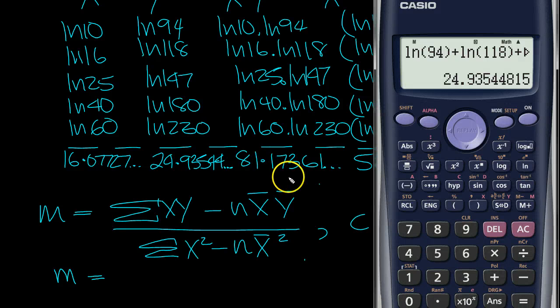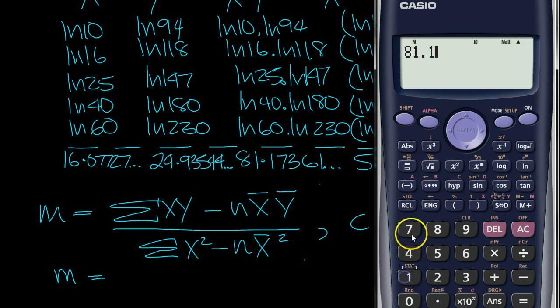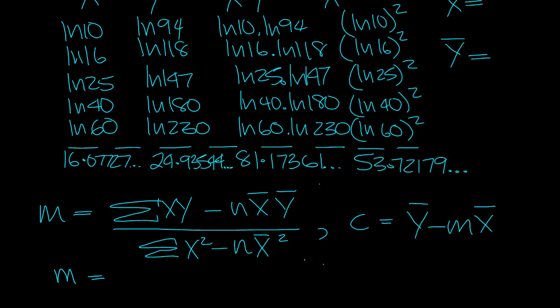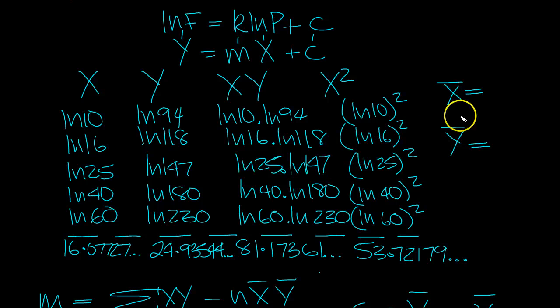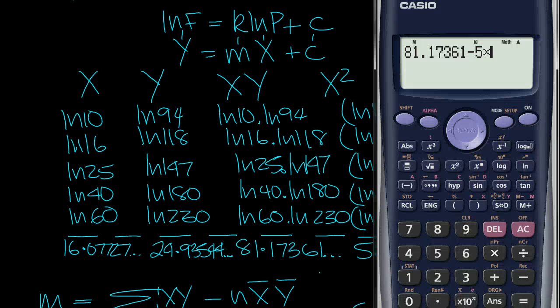We've got xy's 81.17361 minus n, which is 5, times x bar, y bar, which we haven't worked out yet. x bar is 16.07727 over 5, and y bar is 24.93544 over 5, so we can leave them like that.